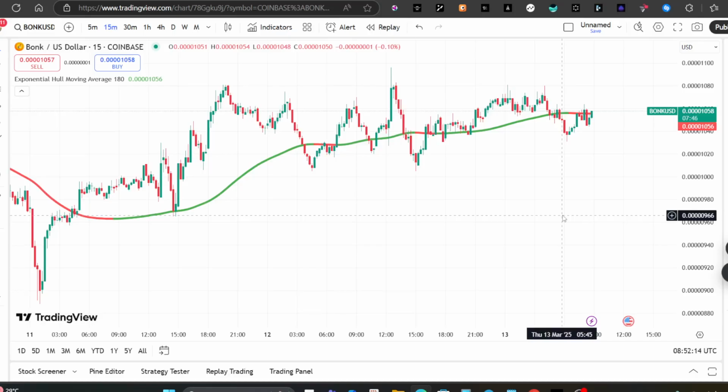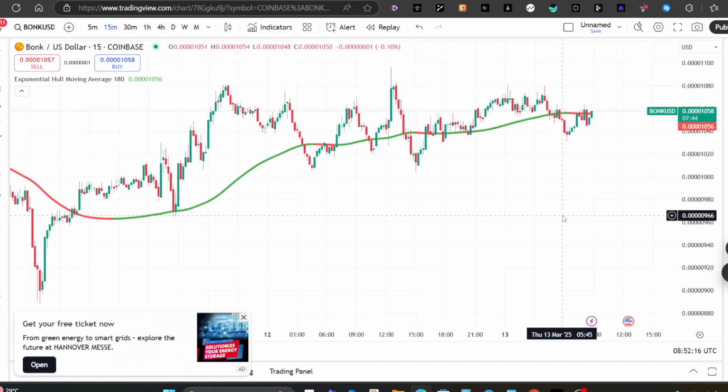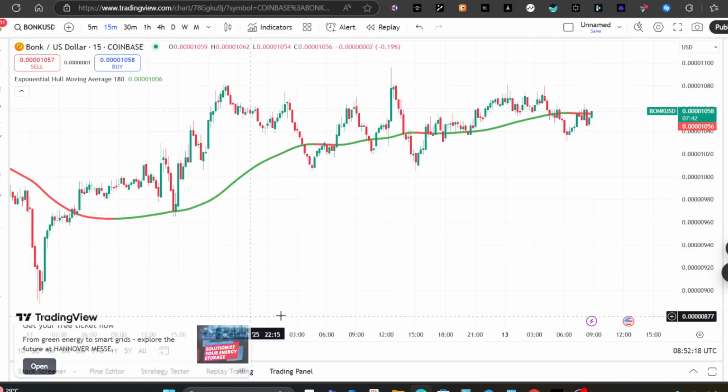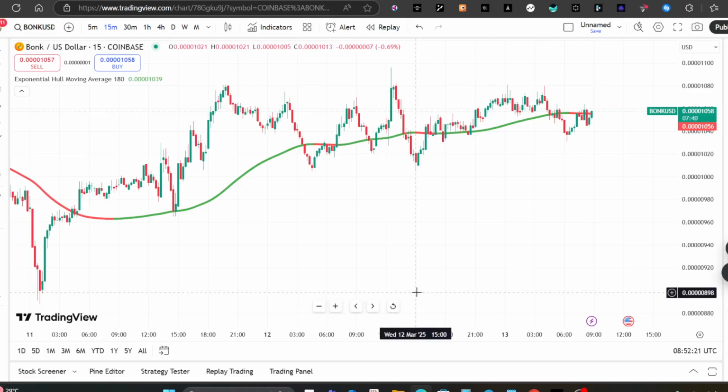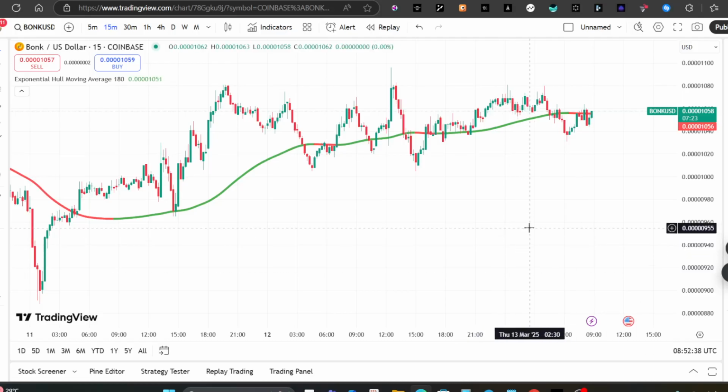Well, most moving averages tend to lag, meaning by the time they give you a signal, the price has already made a significant move. The EHMA reduces this lag, making it an excellent tool for trend traders who want faster, more reliable signals. Now, if you are a math nerd, here's a quick breakdown of how it is calculated.